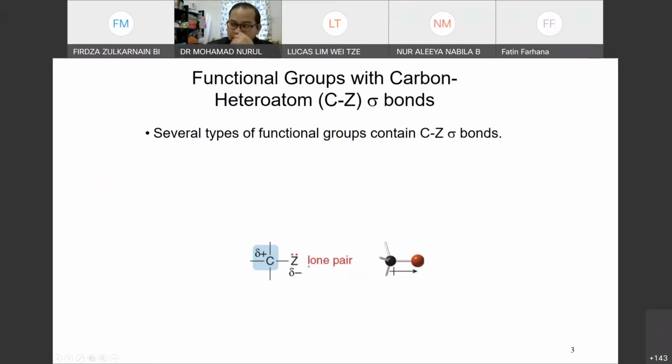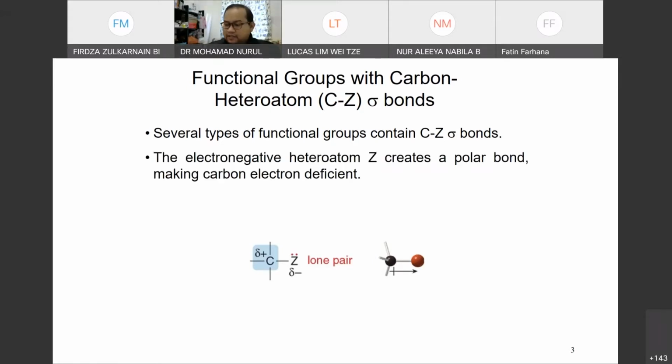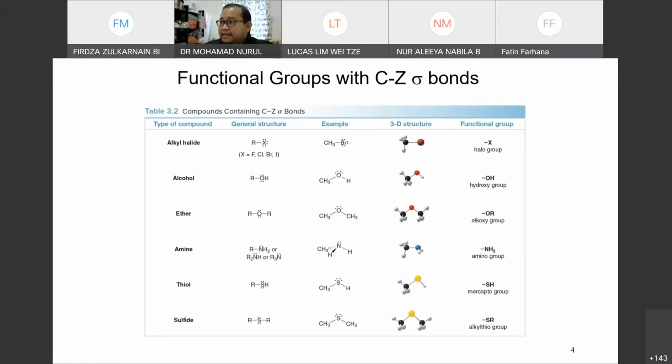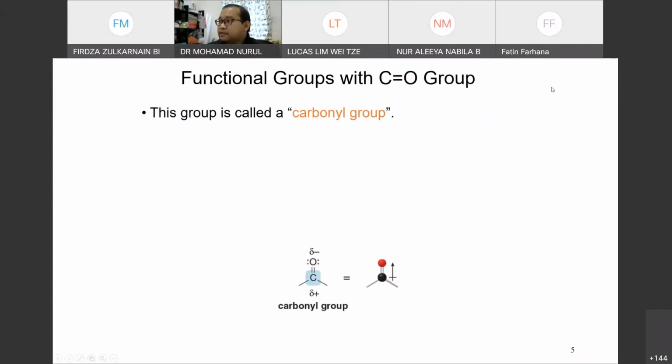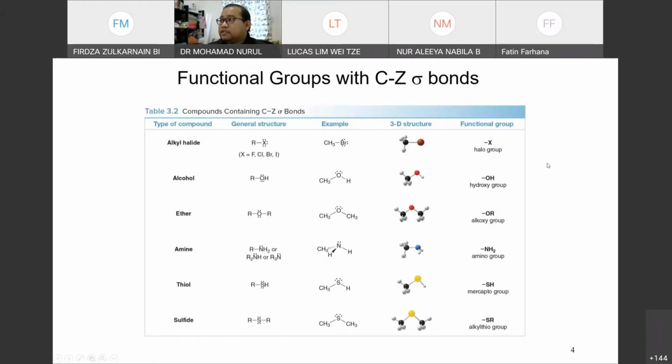So this one is more electronegative, and the electrons go to the more electronegative part compared to the less electronegative part. This is an example of functional groups with C-Z bonds.